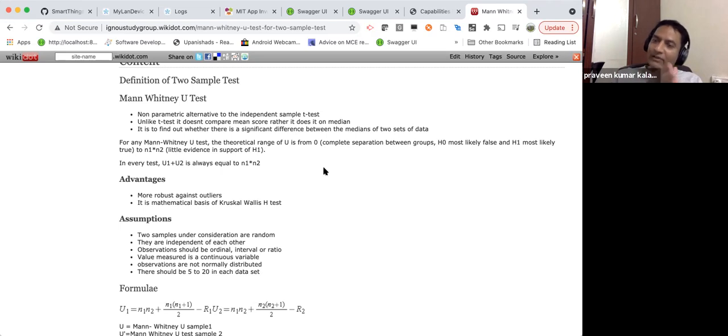This applies to Kruskal-Wallis as well, because Kruskal-Wallis is ultimately drawn from these basics. It is an extension of them. So comparing the median is the basis for the Mann-Whitney test, and the Mann-Whitney test is the basis for Kruskal-Wallis. Unlike the t-test, it doesn't compare the mean score, rather it works on the median.